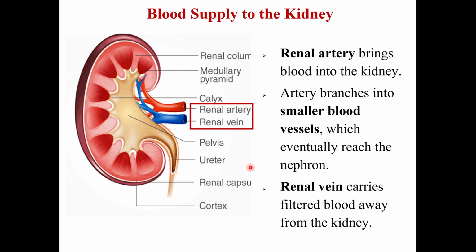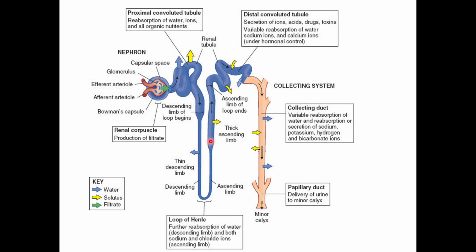So this was about the kidney structure, and let's talk about the nephron structure in more detail. This is the structure of a nephron, you can see it on my screen. You can see many parts. Here you can see the PCT, proximal convoluted tubule.